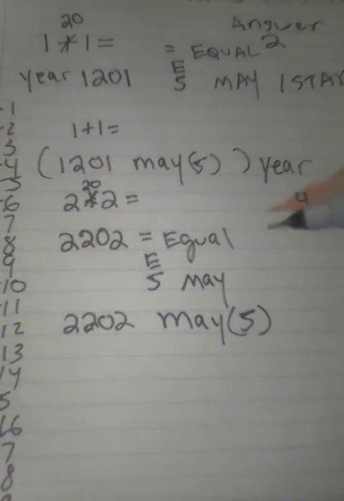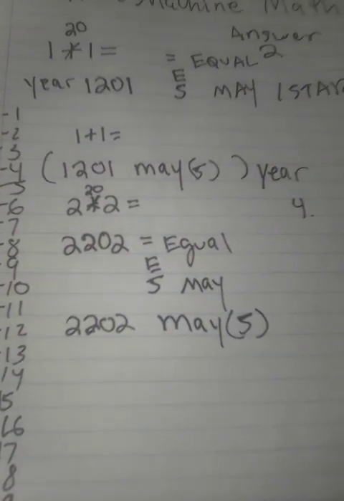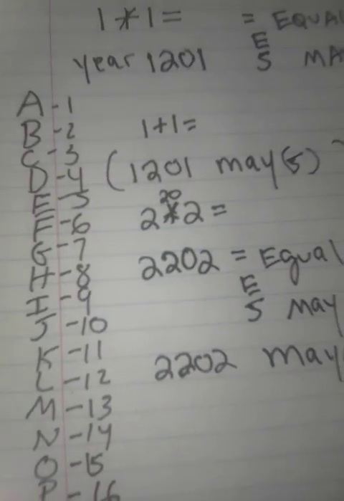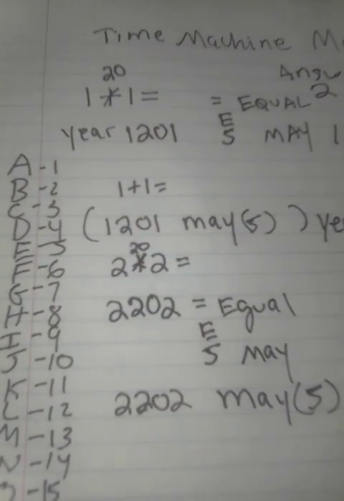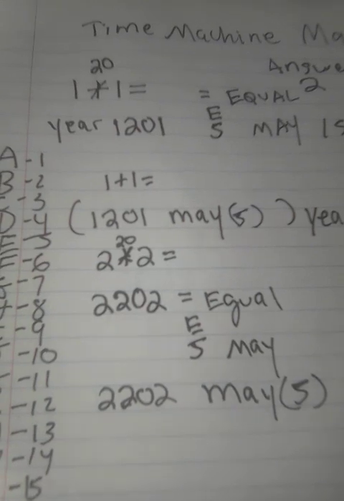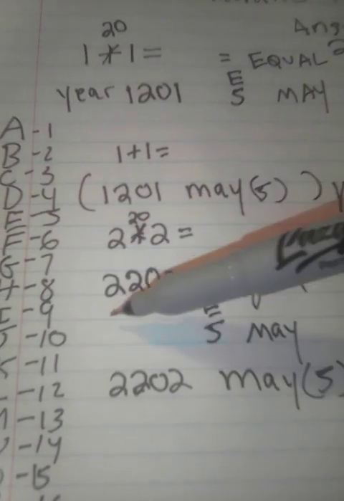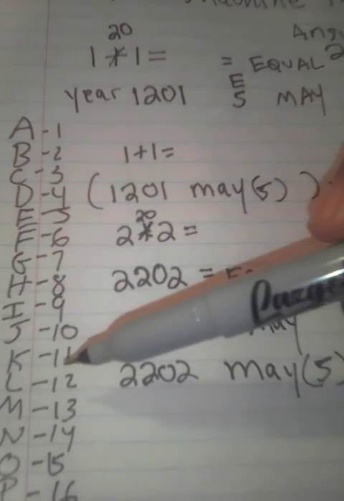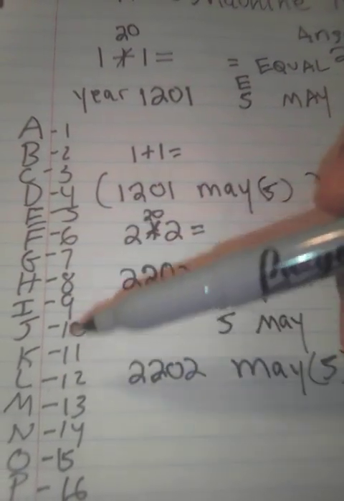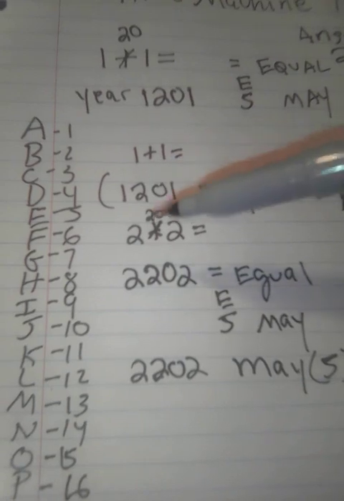Now you take the same method and you apply it to 2 plus 2, okay? So we got 2 plus 2, okay, equals, and 1 plus 1 equals, okay? So if you take the same method I used with 1 plus 1 and use it with 2 plus 2, you take the 2, you drop it down, you turn the plus sign into a T, you go to the letter guide, the alphabet guide and number guide, and you turn the T into a 20.